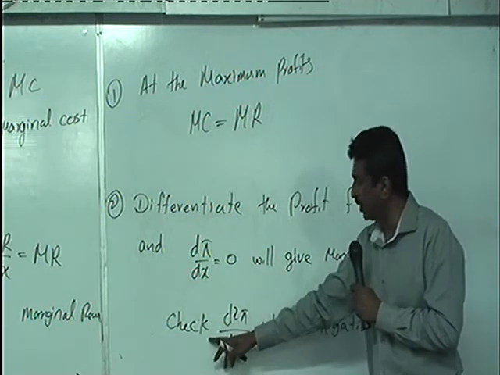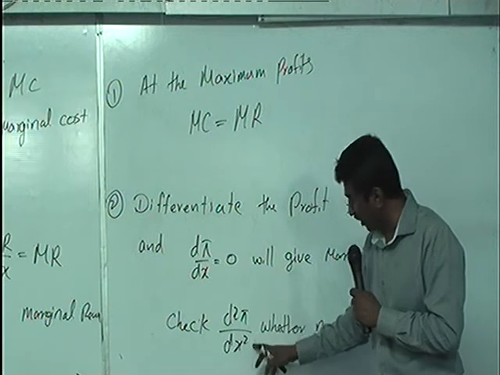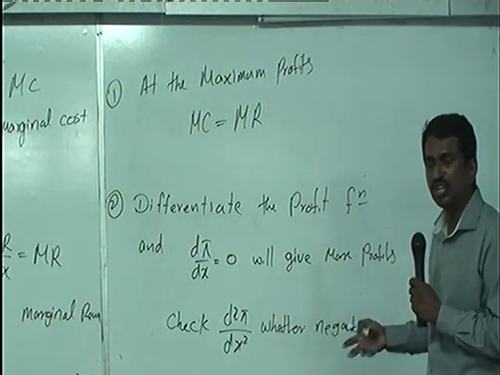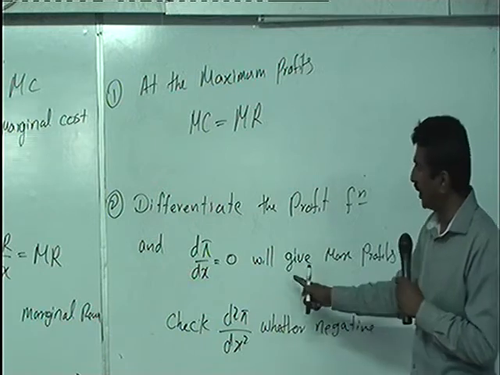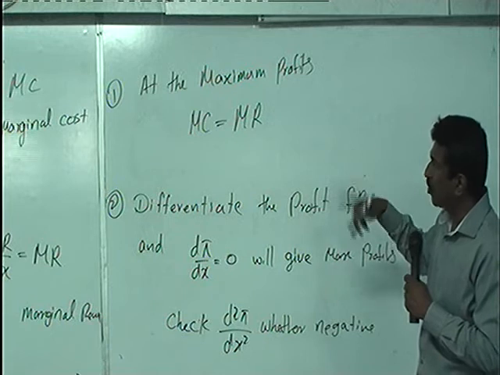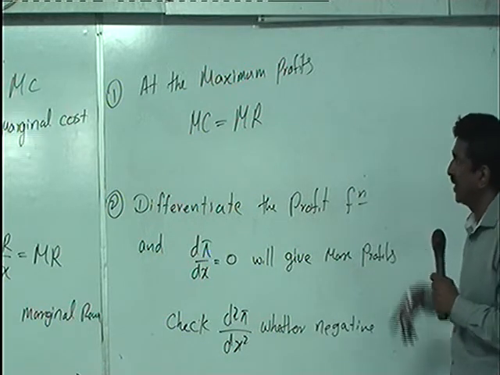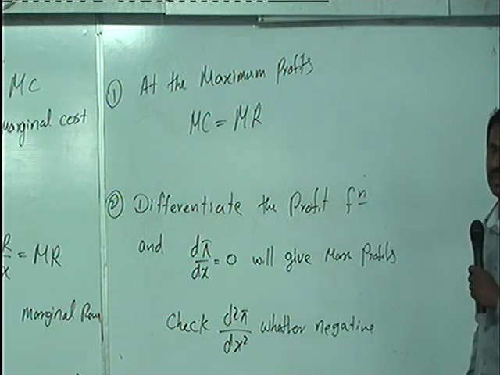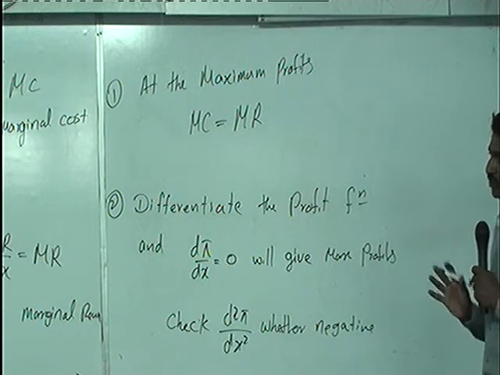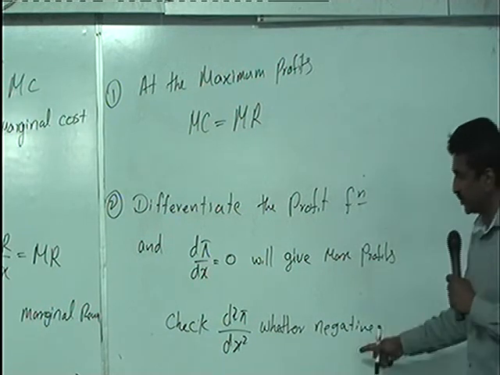Check whether d2 phi by dx2 is negative. The second order should be negative, then only you are getting the maximum point. So these are the two approaches of finding maximum points of a profit function. These are the theoretical parts of the application questions. Right? So complete this one as well.